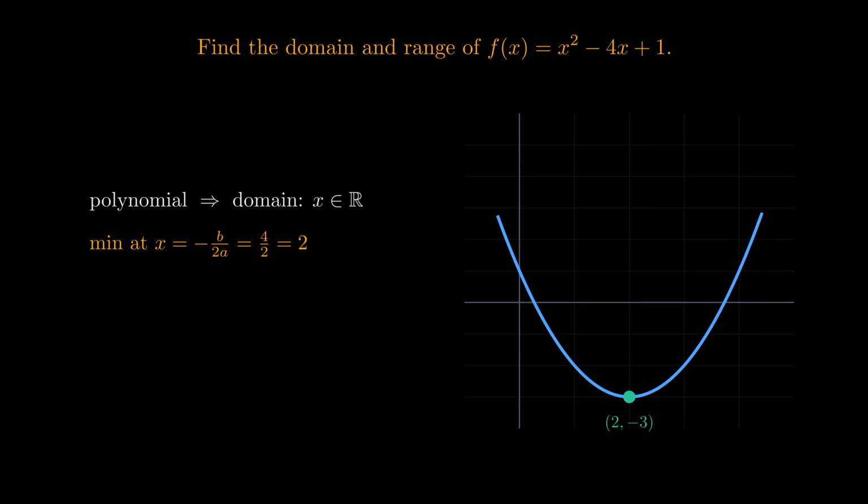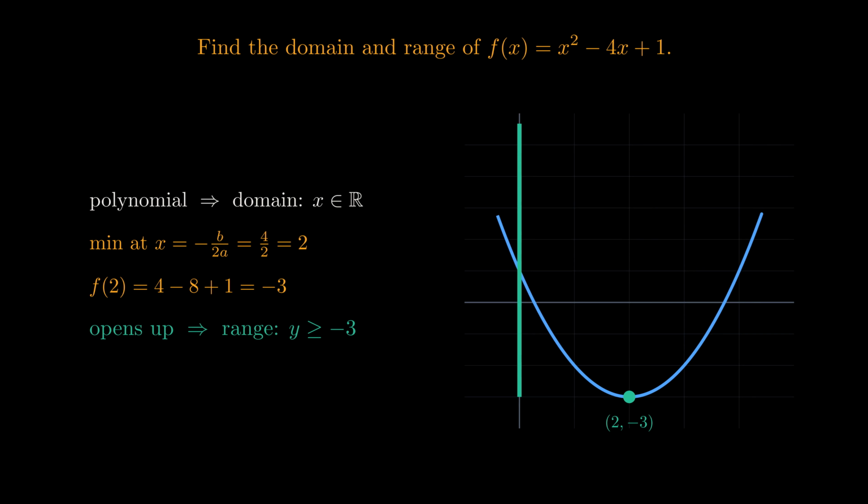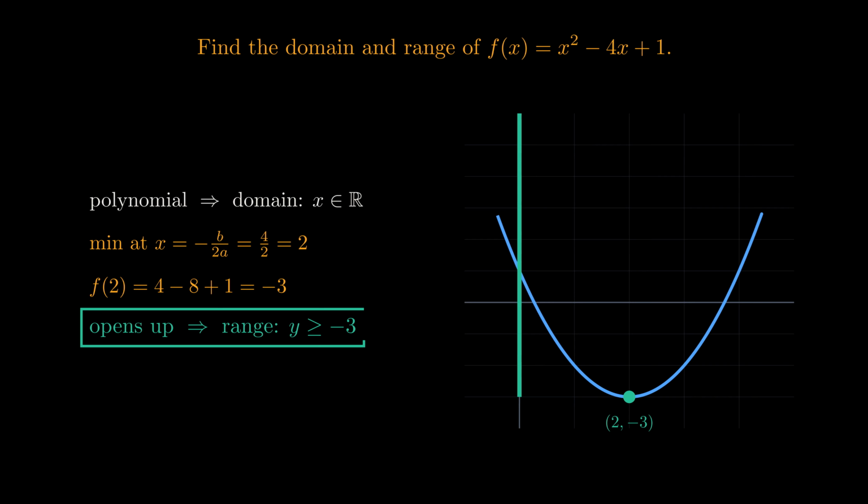Put x equals 2 back in to get the lowest output. 4 minus 8 plus 1 is minus 3. Since the parabola opens up from there, every output is minus 3 or above. So the range is y greater than or equal to minus 3. Domain, all reals. Range, from the vertex up. Read the range off the turning point every time.